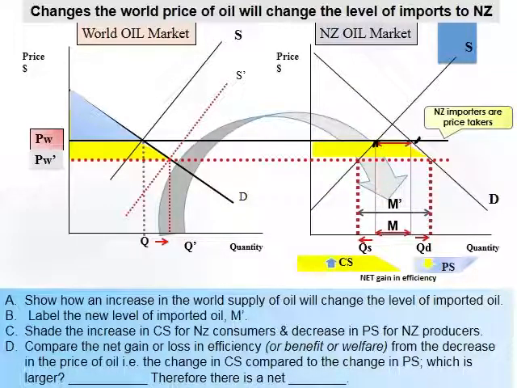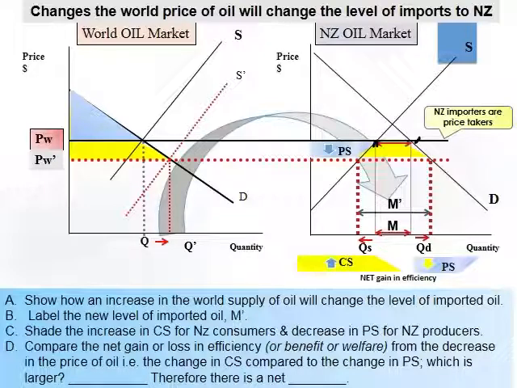That represents, of course, the increase in consumer surplus. Consumers are buying more and they're paying a lower price. So consumer surplus in New Zealand will increase. They benefit. Consumers are happy to trade with the world when they import because they pay lower prices. So their consumer surplus increases. However, New Zealand producers are now producing less and they're getting lower prices.